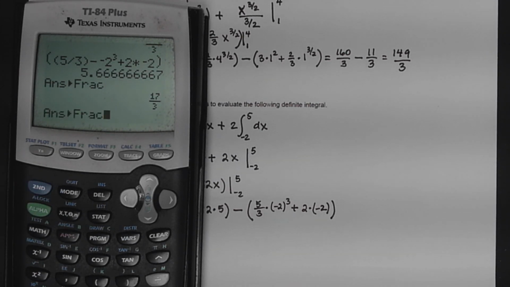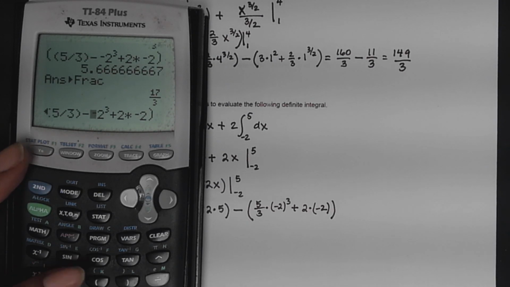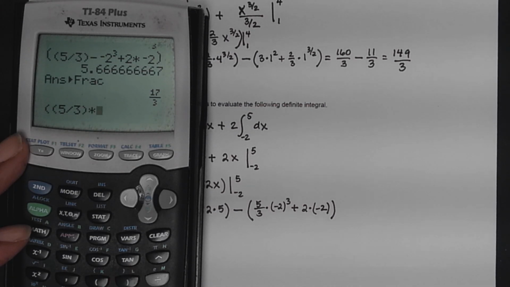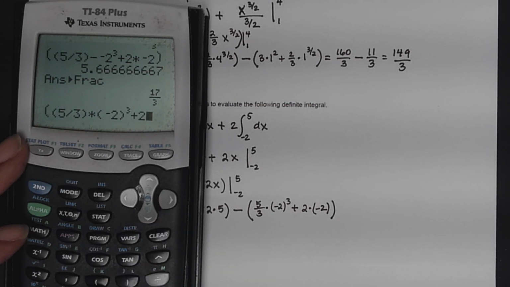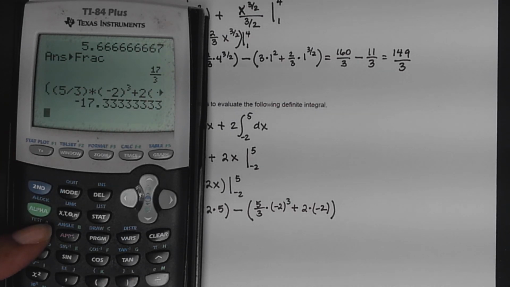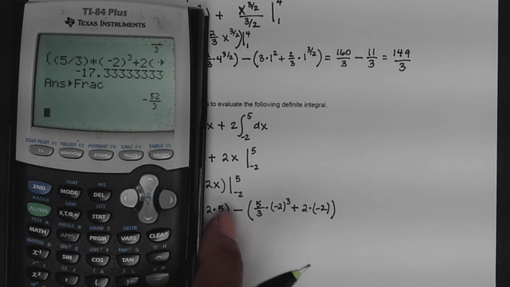Let me do this. If I put that negative 2 in parentheses here, I'll do it over. Left parentheses and then left parentheses, 5 divided by 3 times negative 2 in parentheses, and then that's going to be cubed, plus 2, left parentheses, negative 2, close parentheses, and then close it again. Okay, so now press the math key and number 1 for fraction. This will be negative 52 over 3.